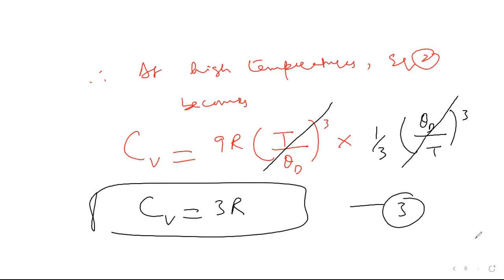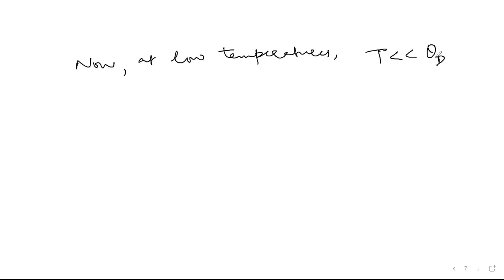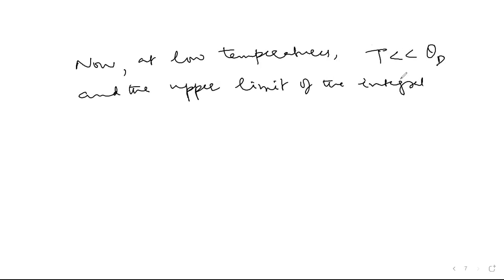Now let us move to the low temperature limit, which is more interesting. Now at low temperatures, T is much less than theta D, and the upper limit of the integral, which integral?